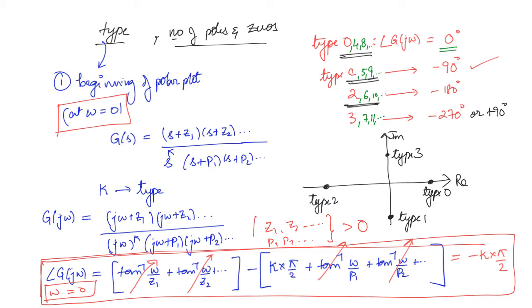So for this condition only, this expression for phase is valid. Otherwise it will be pi minus tan inverse omega by Z1. If Z1 is negative, that is, if the real part is negative, then the phase is found like this. So this expression that we have derived is only for poles and zeros lying in the left half of S plane, and you should remember that before using this shortcut.